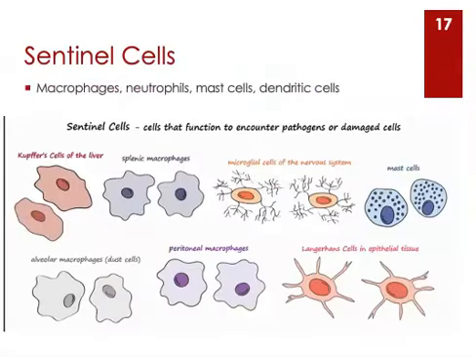So, the sentinel cells of the innate immune system include neutrophils, macrophages, dendritic cells, and cells called mast cells. And the characteristic that mast cells have is that they're full of granules that contain histamine.